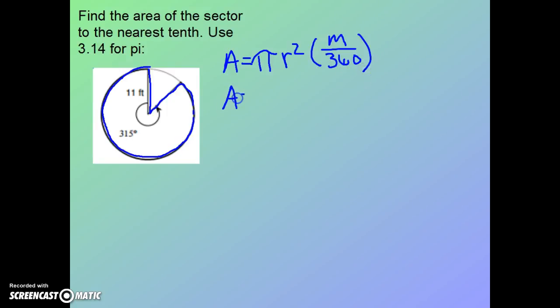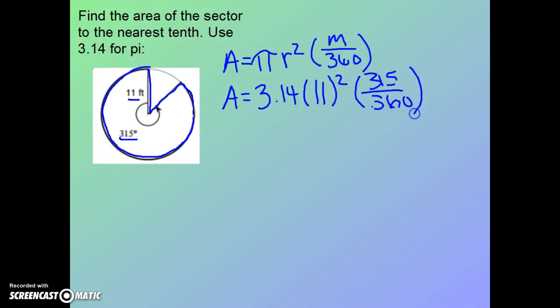In this case, we're using 3.14 for pi times the radius of 11 feet squared times the measure of my central angle, which is 315 divided by 360. Again, going to my calculator, when I push all of that in, I end up at 332.4 feet squared.